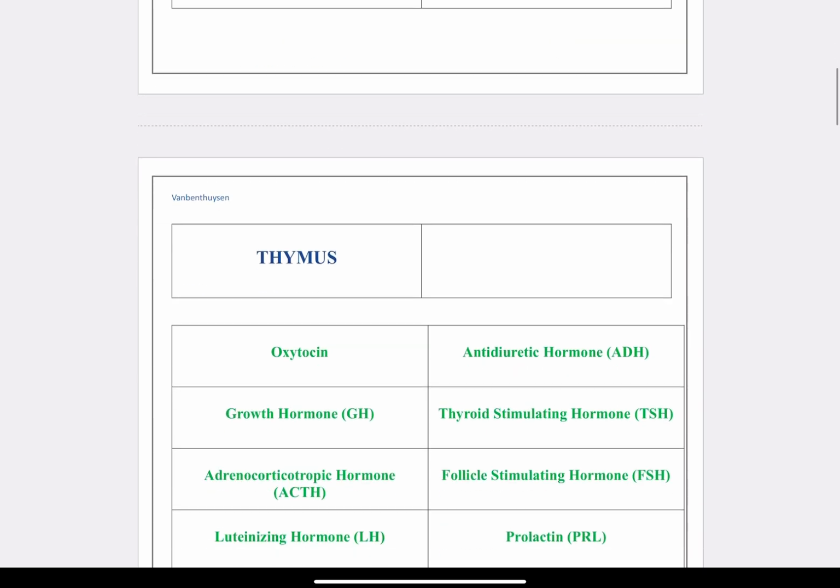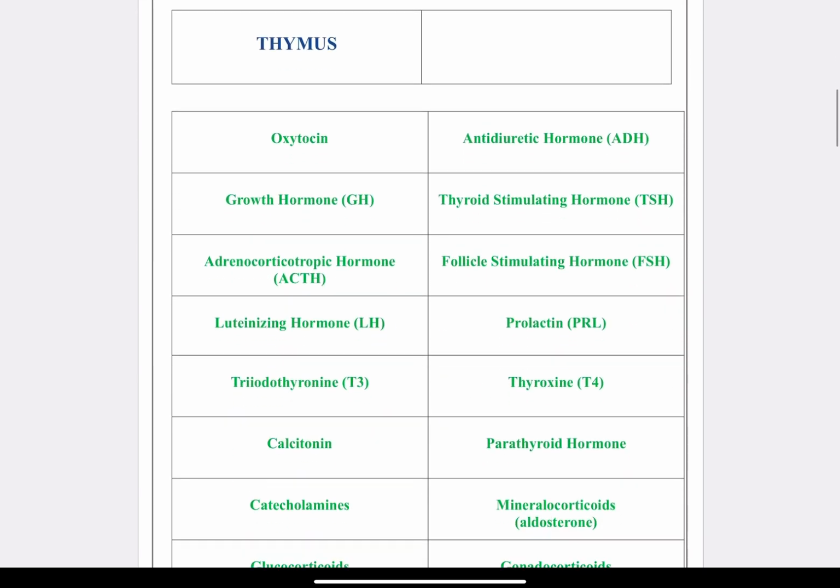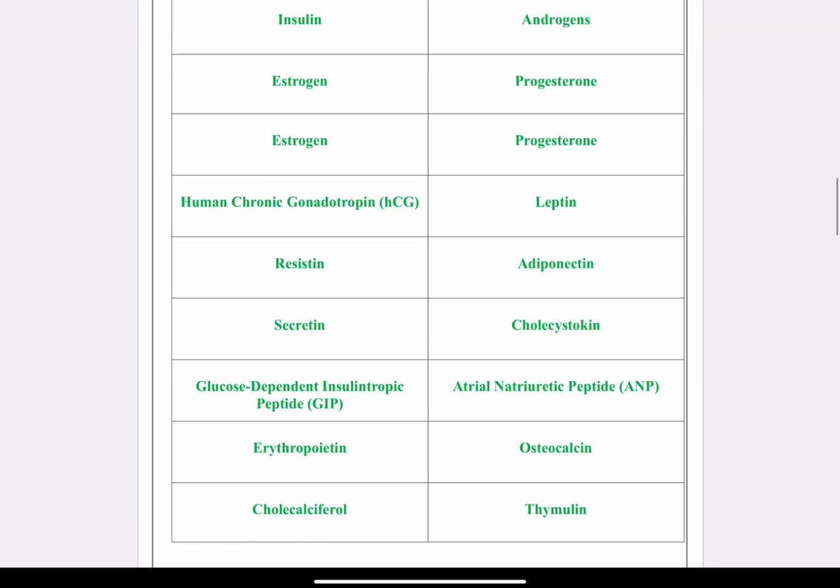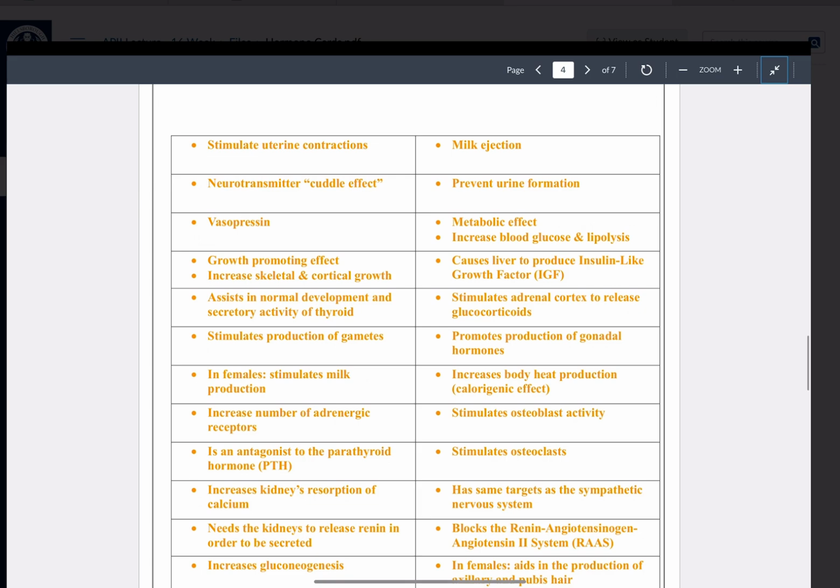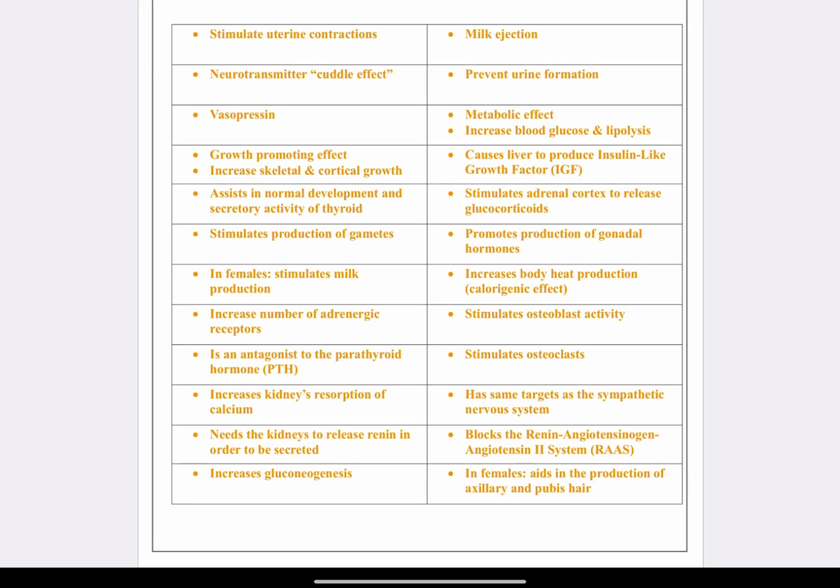So either one of those. So those are in the dark blue. Then all the hormones you're responsible for are here in green. And then the hormone functions are listed for you here in orange.